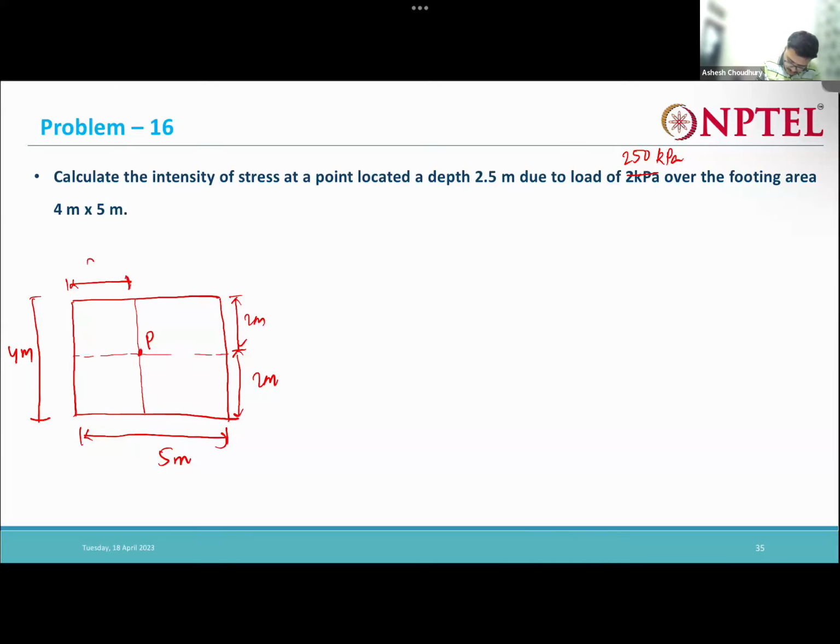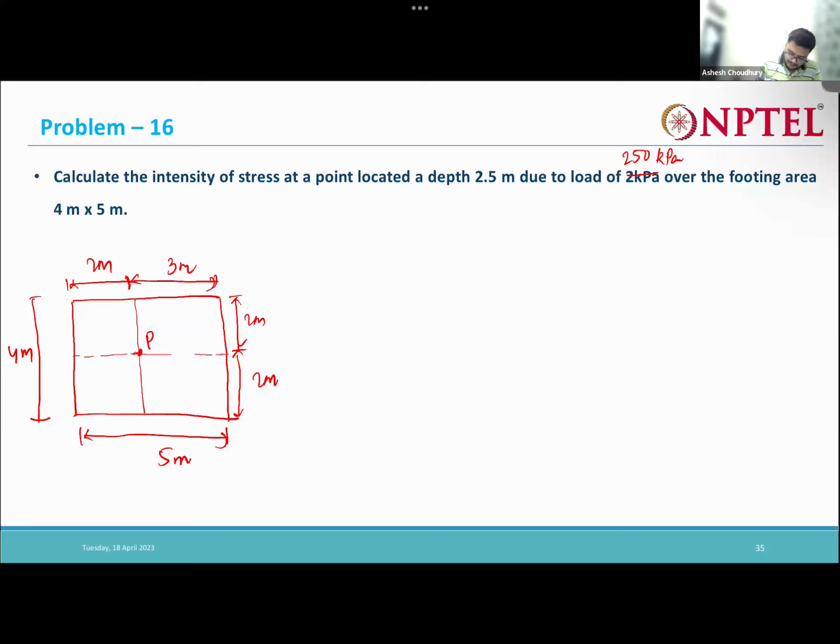Below 2.5 meter below this point P, we need to calculate the stress due to this 250 kPa, which is distributed all over this footing.